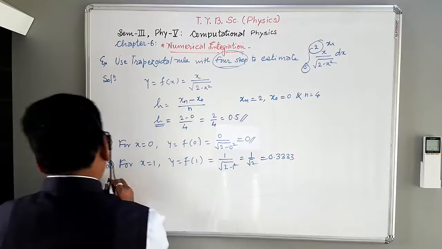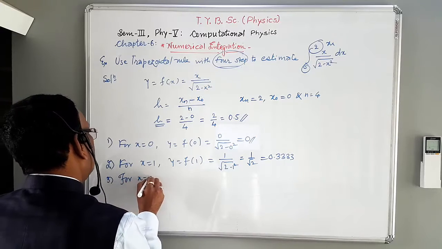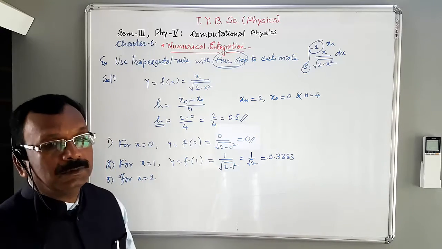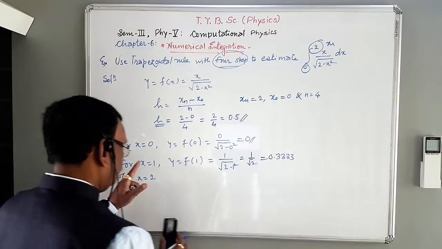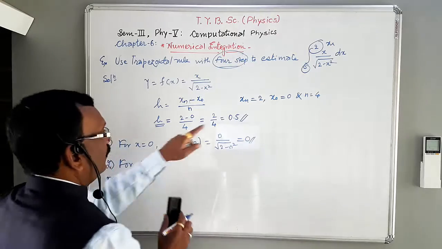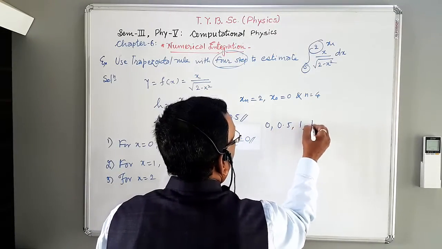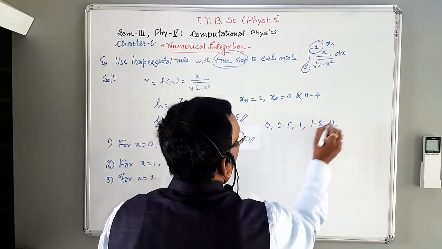Sorry, not this, see here, equal intervals are like this: 0, 0.5, 1, 1.5, 2.